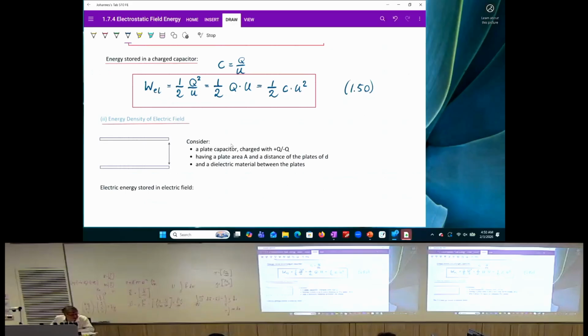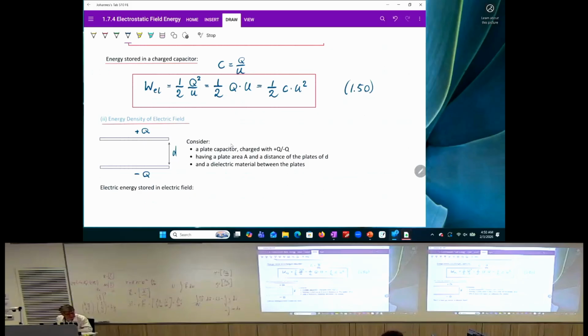Now, let's look at what the energy density of the electric field is. For that purpose, we have here, again, a parallel plate capacitor. It shall be charged with a plus Q on the top plate, and we have a minus Q on the bottom plate. We have a separation of these plates, which is given by d.